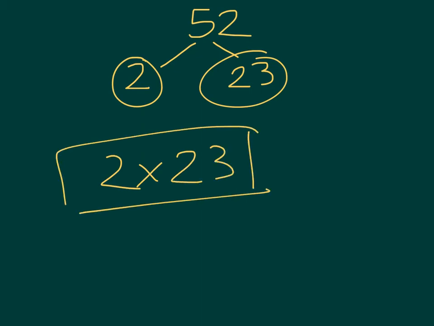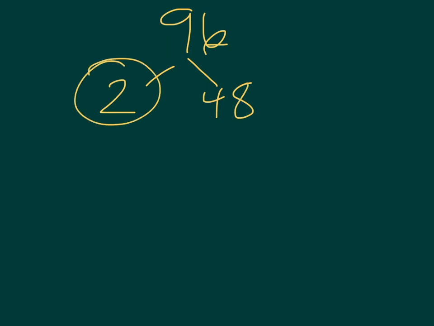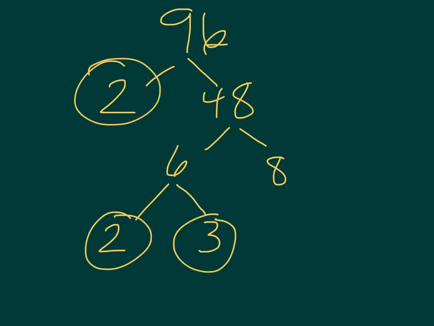That's your answer. 96 is also even, so I know I have 2, and then 48. 2 is a prime number, 48 isn't. I know I have 6 times 8 is 48. 2 times 3 will get you to 6. 2 is a prime number and 3 is a prime number.